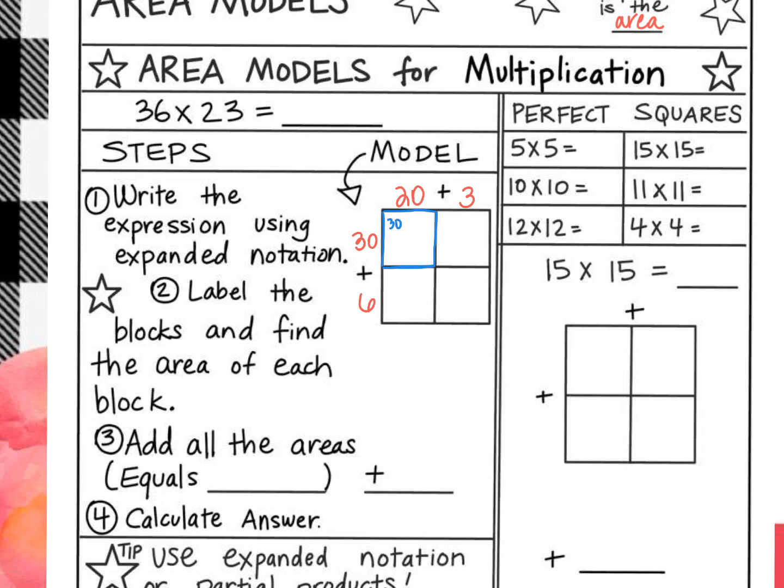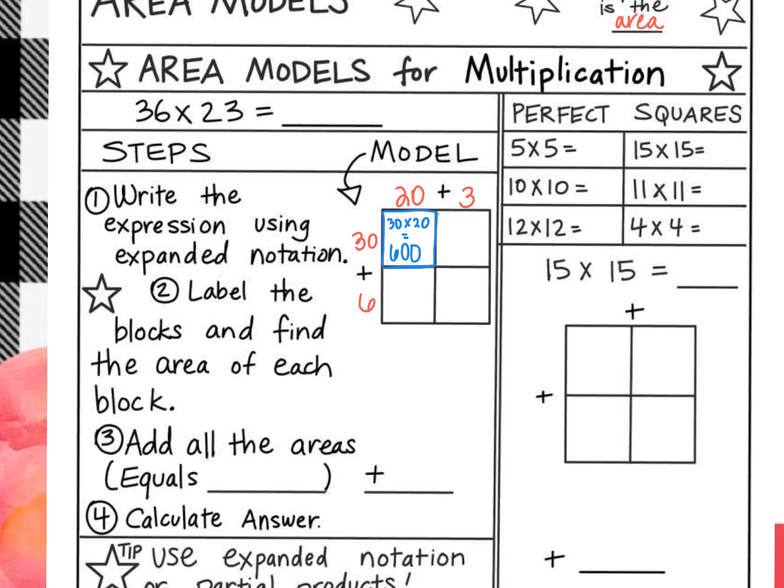So I'm going to do 30 times 20, which equals how much? 60? No. How many zeros do I have? 2. So, 600. Very good.